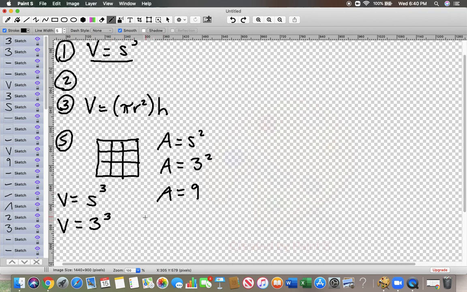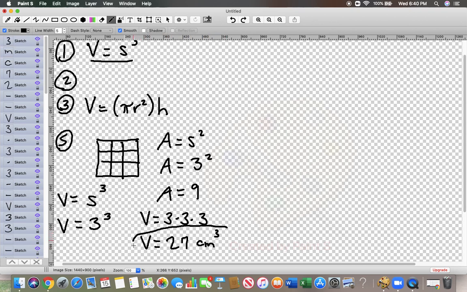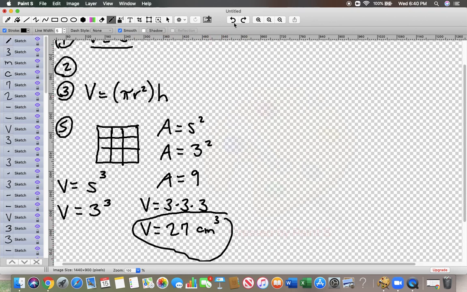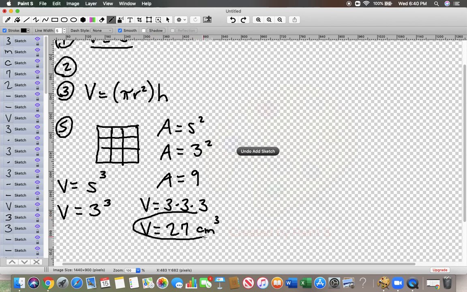So V is equal to 3 times 3 times 3. What is the final volume? 3 times 3 times 3 is 27. My units are centimeters cubed because we're dealing with the volume. Oh, that was a bad circle there.